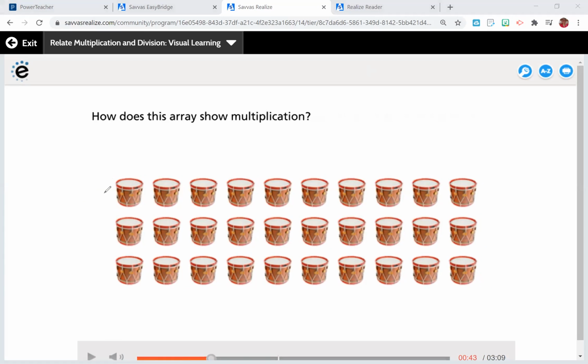So you can see that there are 1, 2, 3 rows and 1, 2, 3, 4, 5, 6, 7, 8, 9, 10 columns. Now I can count by tens to find the total. 10, 20, 30.